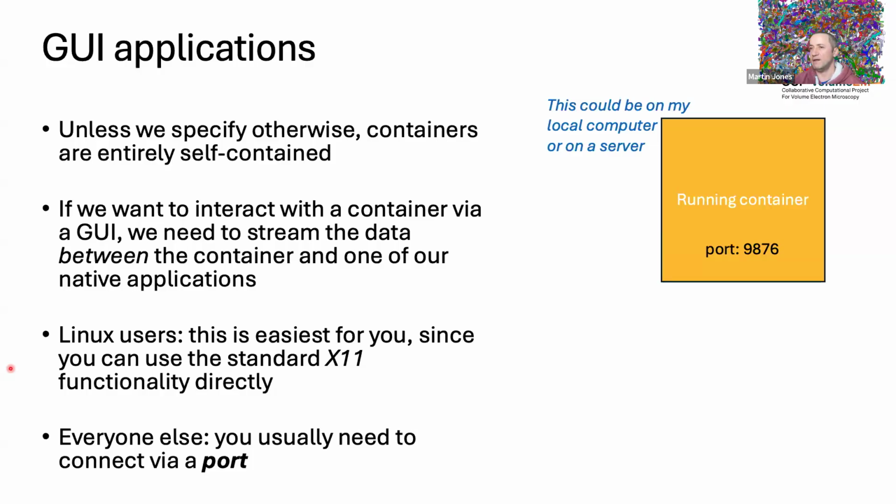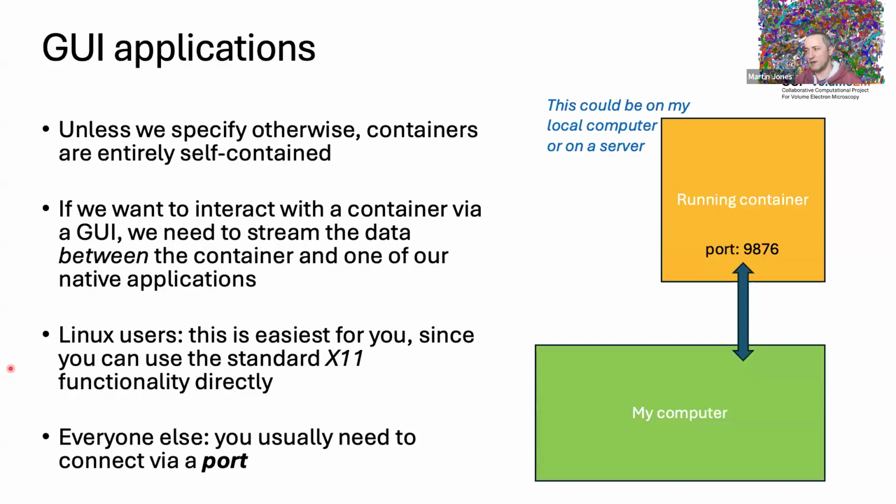And in the Docker file, I can expose that port to the outside. And then if on my computer, I attach a port on my computer to that port, which I can now see within the container, then I can pipe that through to some local application to view my data interactively, or to view my processes interactively.